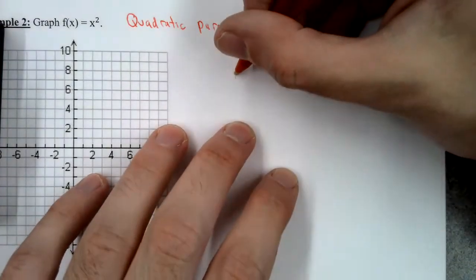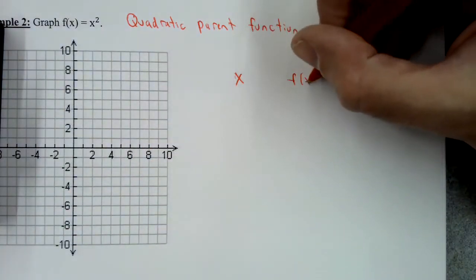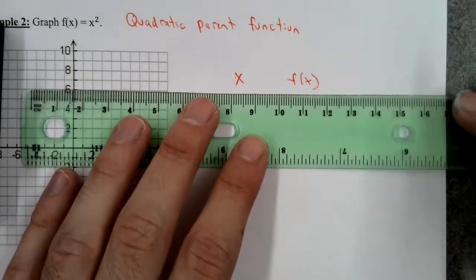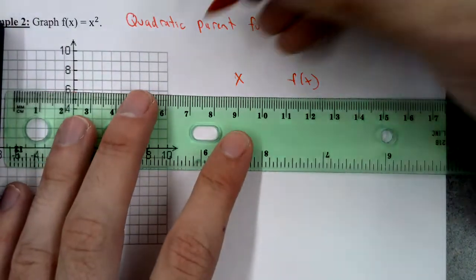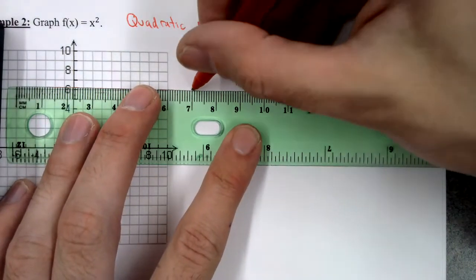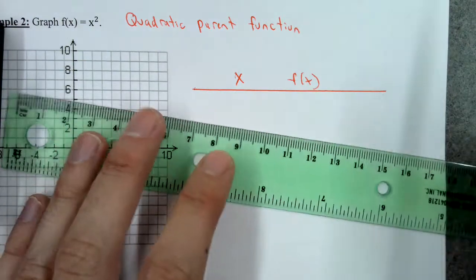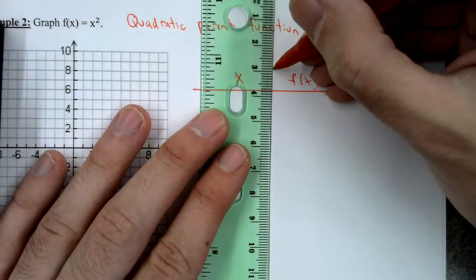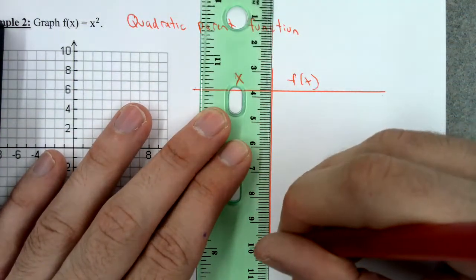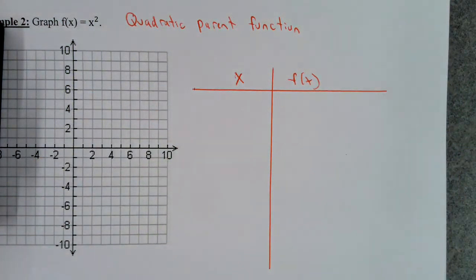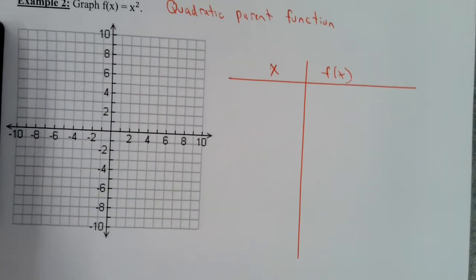For my table, put x, put f of x. In my table, I'm going to put some negatives for x, I'll pick 0, and I'll pick some positives. Let's start with negative 3.